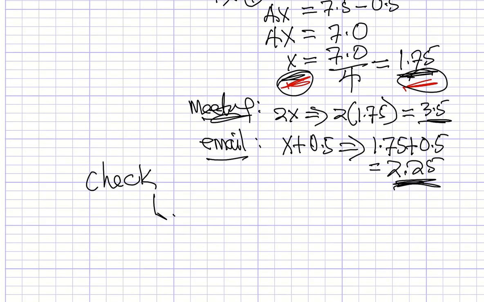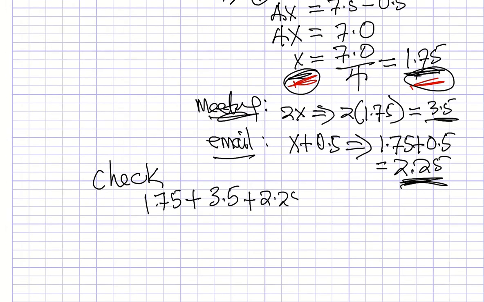This is a phone call, meeting, and then email 2.25. So you add all that, what will you get there?